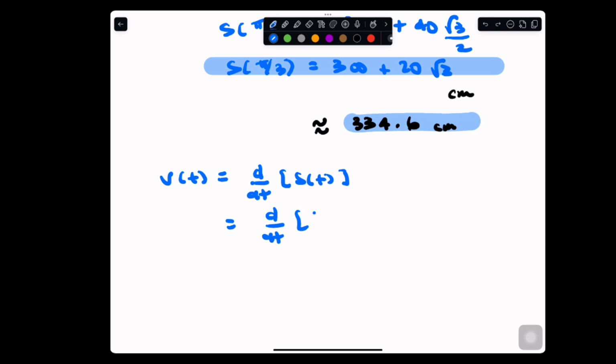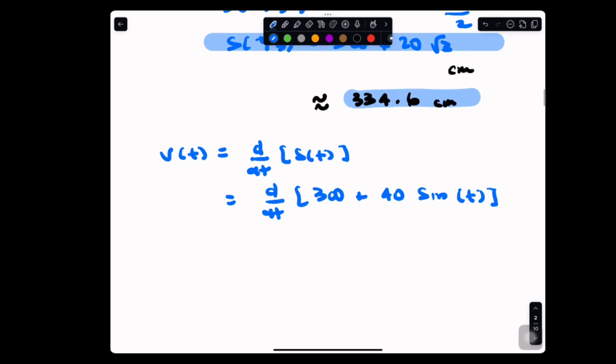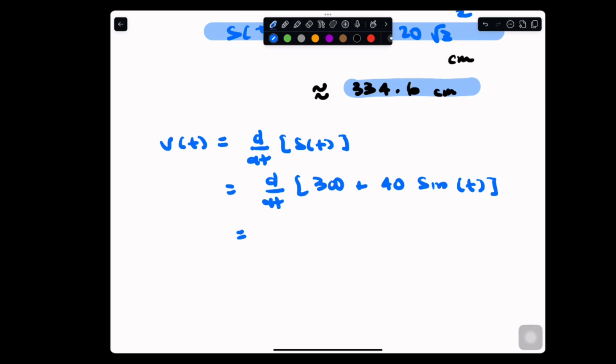I think it was 300 plus 40 sine t. Yes, it was. What's that derivative going to be? Do you guys know? Is it 40 cosine t?